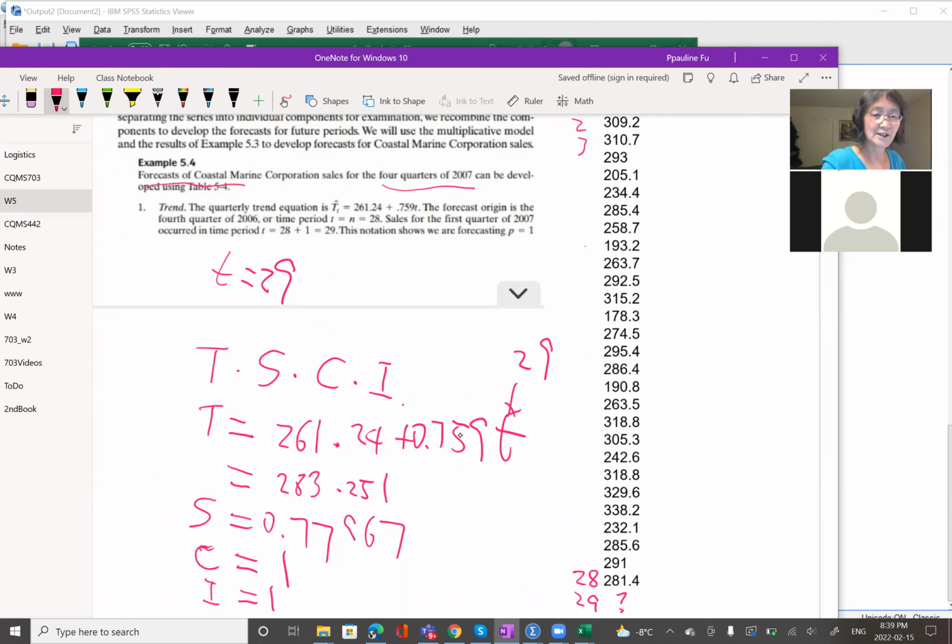Okay, and then you do the forecast for period 29. You multiply all these 4 numbers together. All these numbers together, you get a final answer.